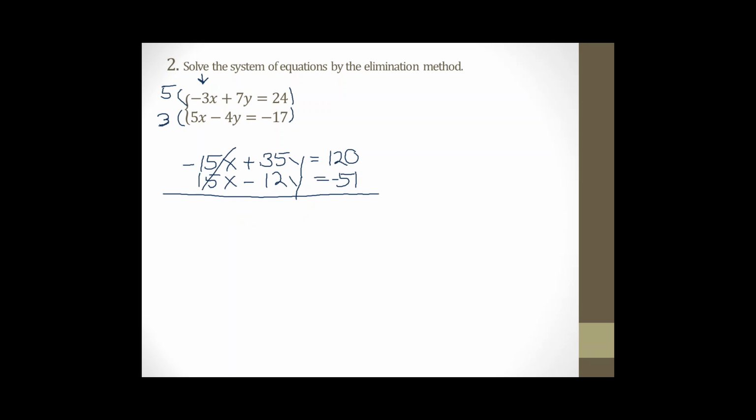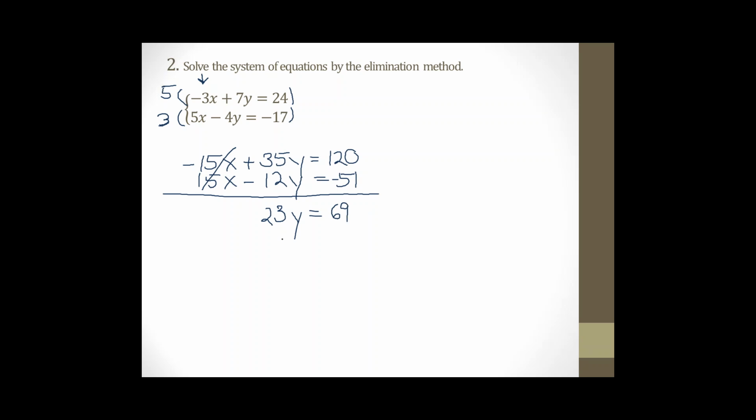And then we have 35y minus 12y, which gives me 23y, if I'm correct. And then we also have 120 minus 51, which is 69.